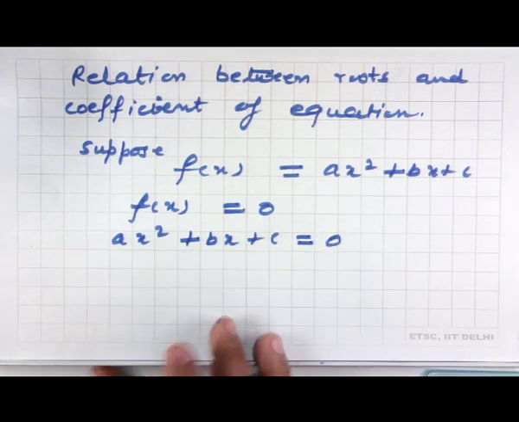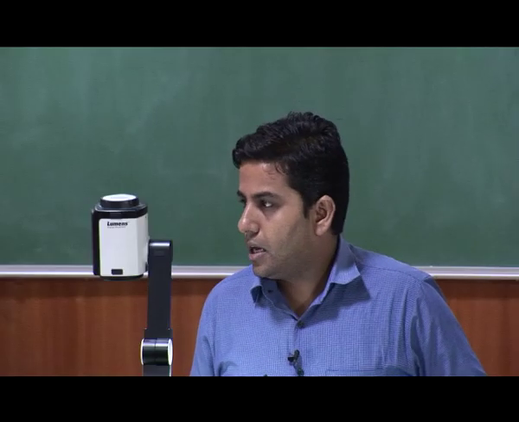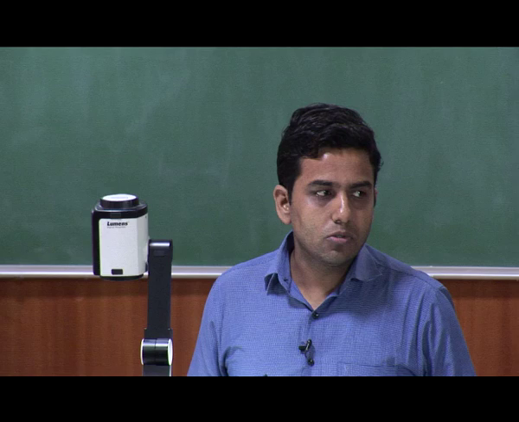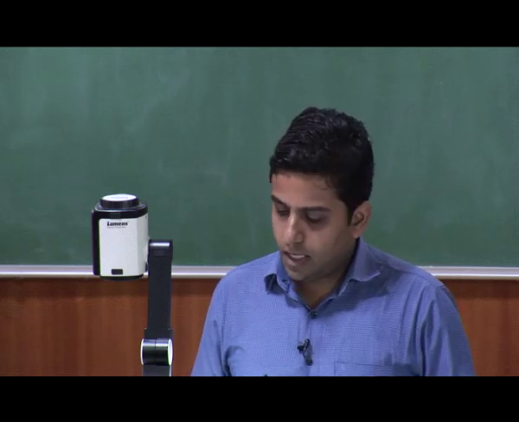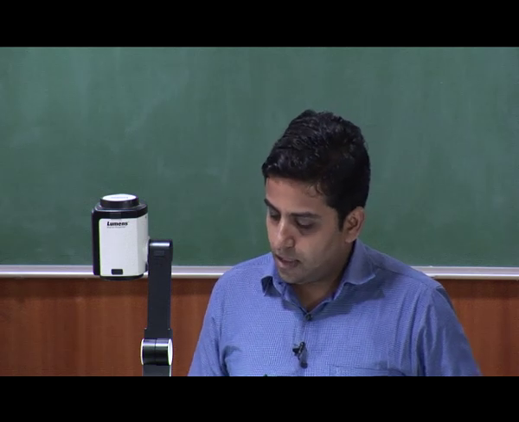Now the roots of this equation will be alpha and beta, because there will be two possible roots of the equation. So that is why the roots of the equation are alpha and beta.